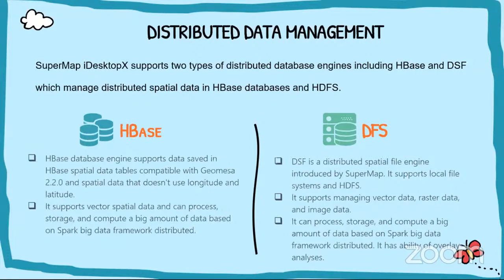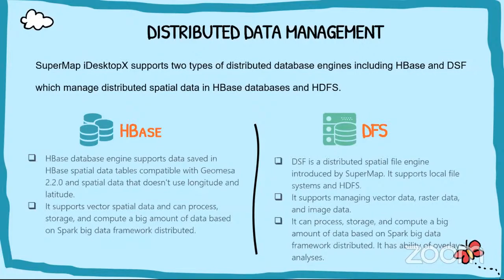HBase is fault tolerant, and it allows reading and writing big data randomly. It also supports vector spatial data, and it can help to process, store, and compute a big amount of data based on the Spark big data distributed framework. While DFS is a distributed spatial file engine introduced by SuperMap, which supports the local file system and HDFS.